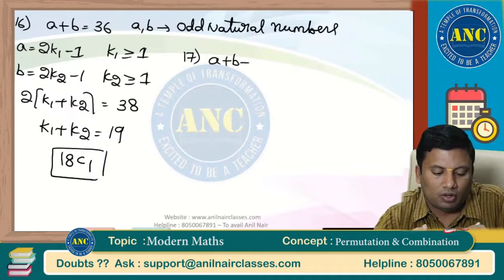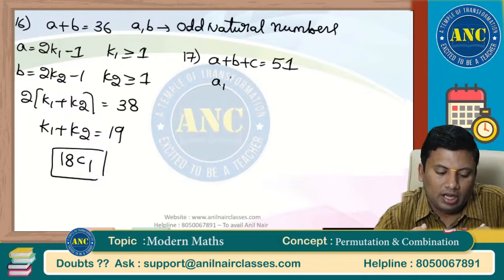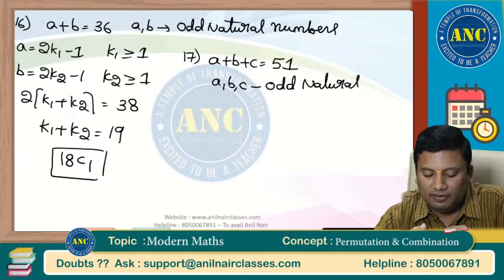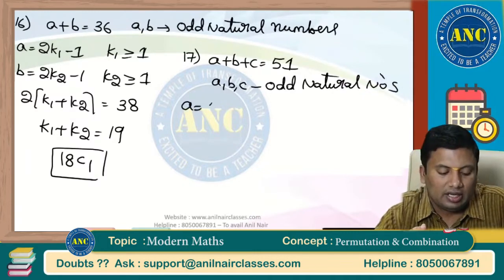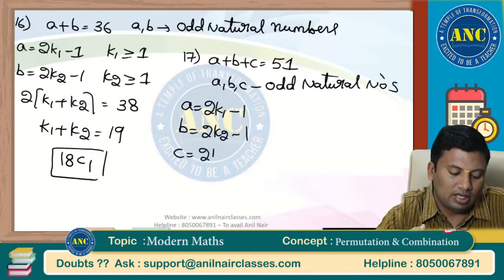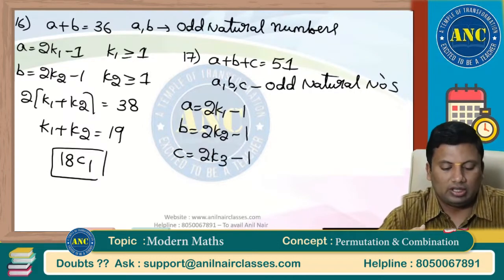17th, one more question. A plus B plus C is 51. A, B, C are odd natural numbers. A is 2k1 minus 1, B is 2k2 minus 1, C is 2k3 minus 1.